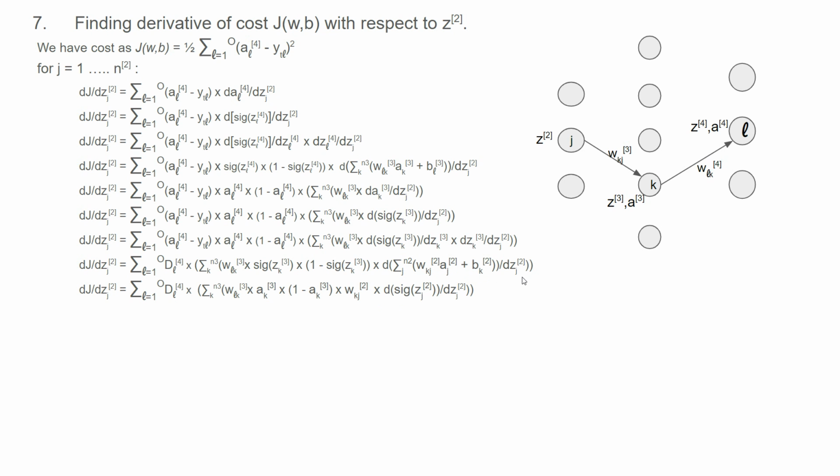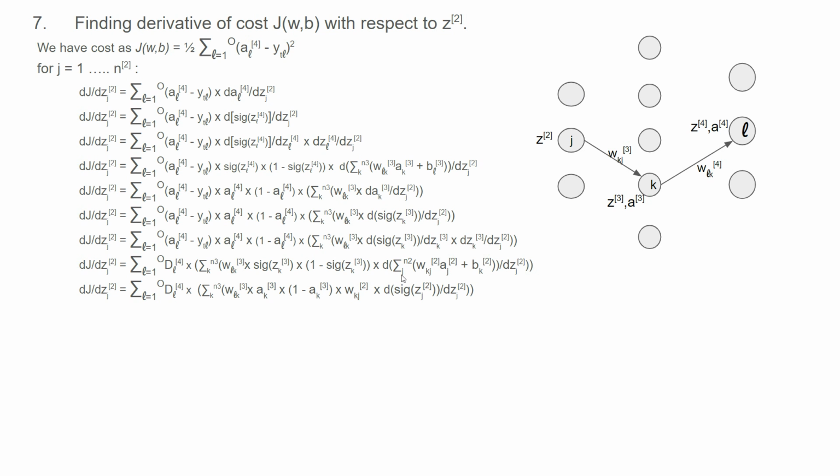Now we can see that when we differentiate with respect to z2 all the terms in this summation, each multiplication into weight, for a particular k we will get only this connection as non-zero, and all the other connections from this layer to that kth element will be zero.